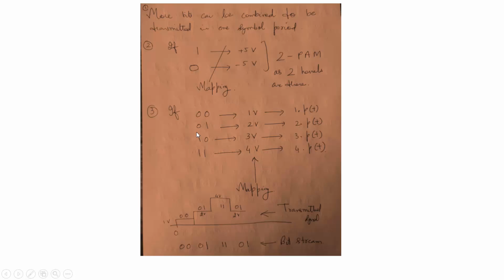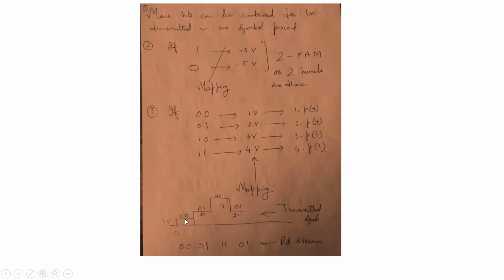For 01, I choose my level as 2 volts, so the waveform will be 2 times p(t). 10 is 3 volts, 3 times p(t). 11 is 4 volts, so 4 times p(t). So this is transforming the bits to amplitudes. This is mapping, and this will be my baseband modulation pulse.